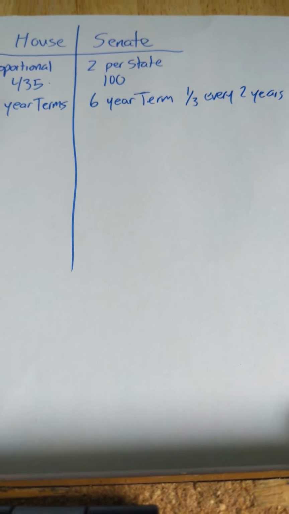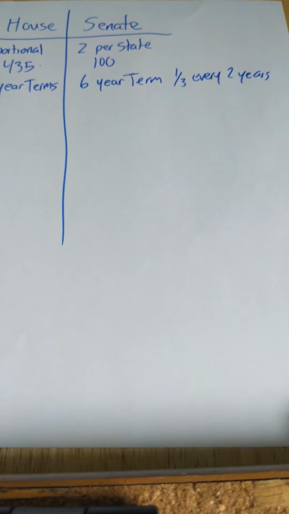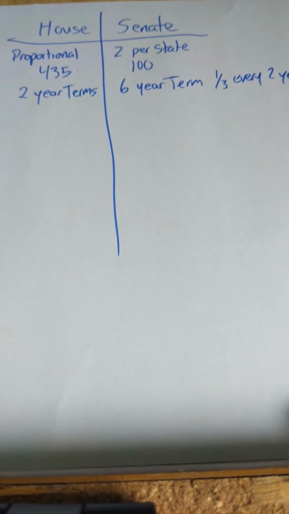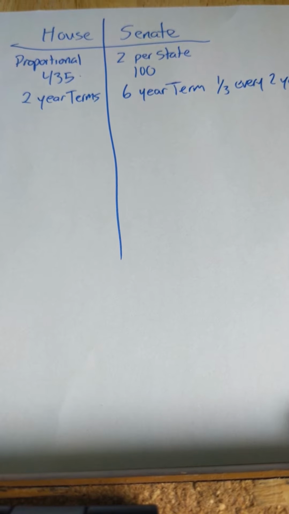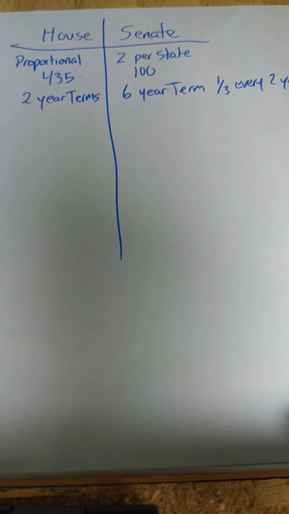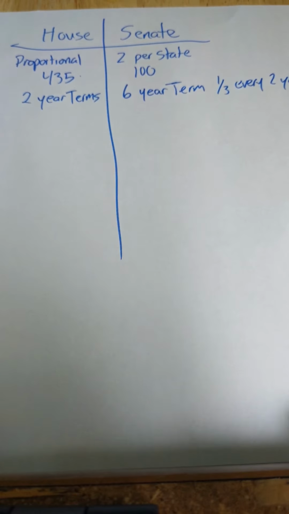So at any given time, the Senate only has 33 seats up, and in some years, that's an advantage for Democrats, some years an advantage for Republicans, depending on who's up for re-election. Like this year, Mitch McConnell's up for re-election. So is Doug Jones in Alabama.